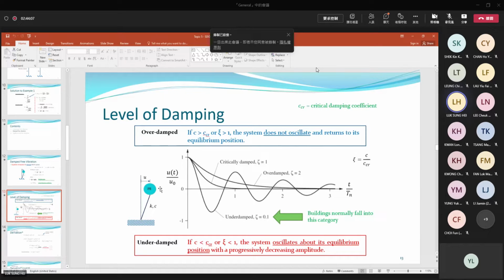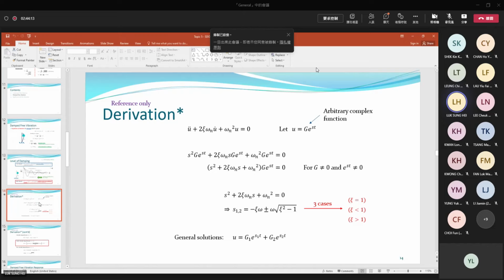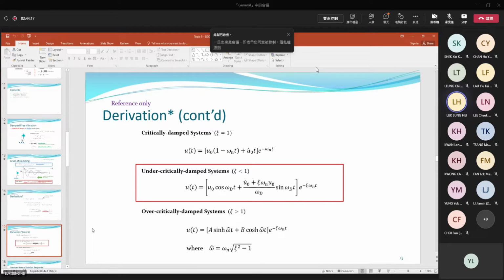You can understand the behavior graphically, or you can derive the equation mathematically. It involves many symbols. And then before the break, I let you know that for our module, we normally use underdamped conditions, damping ratio less than 1, because for most structures, the damping ratio is less than 1.